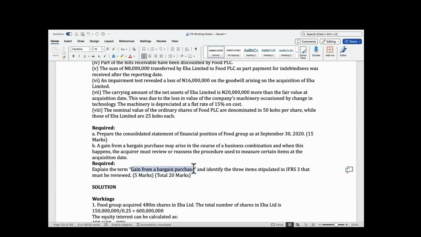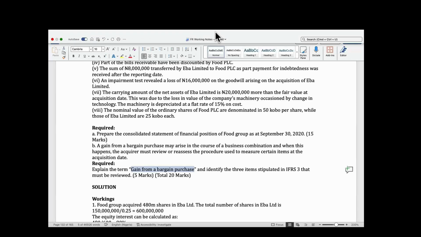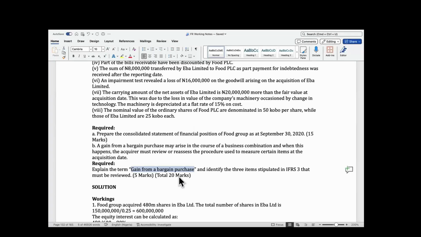Now, let's start with this. You remember gain from bargain purchase. I explained that to you, and I told you it's the opposite of goodwill. It occurs where the net assets acquired are higher than the purchase consideration. That's where you have gain from a bargain purchase.